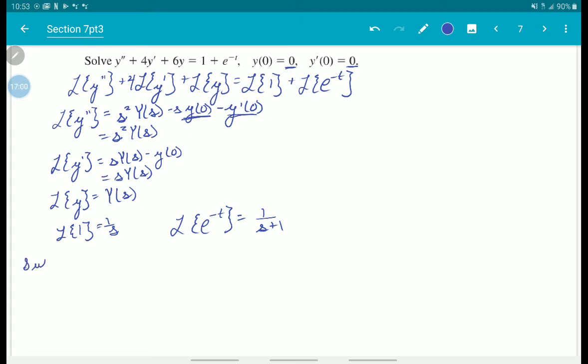So then when we make our substitution, we have the Laplace of y double prime, which is s squared Y of s, plus 4 times the Laplace of y prime, which is s Y of s, plus 6 Laplace of y. I miswrote this. We need a 6 there.